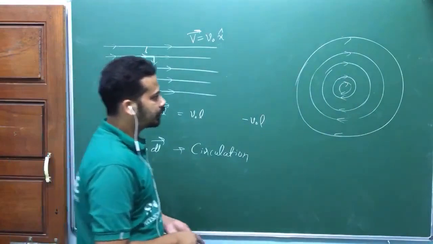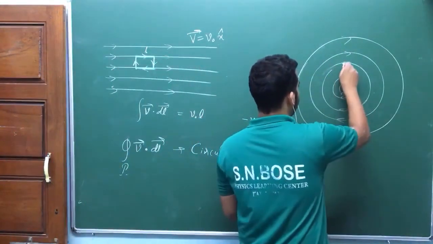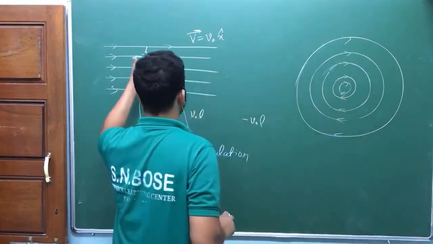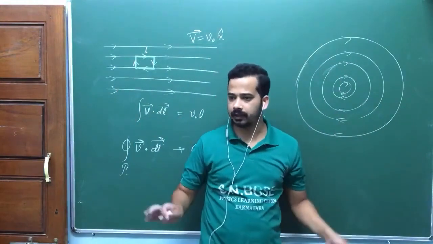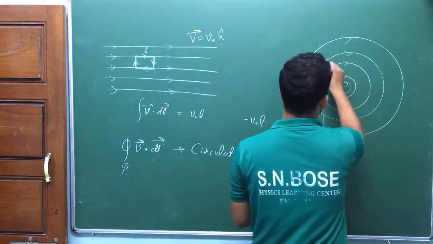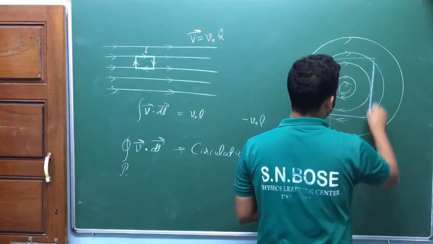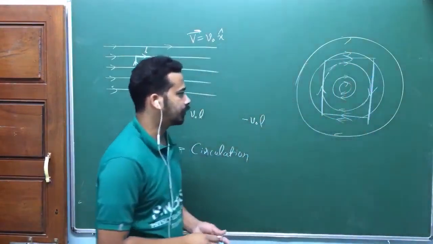Now in this kind of vector field, look here, again you can take a square shaped closed line integral or a curved shaped one. It doesn't matter. Even if you take a square shaped closed line integral, you will get this closed line integral non-zero in this case.